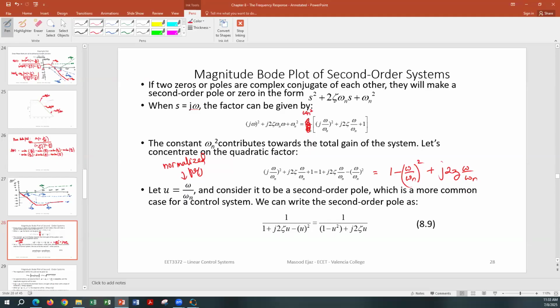So we can write that equation down as 1 minus u squared plus j 2 zeta u, which is right over here. That's for the pole. Generally, we're looking at the pole instead of the zero, since the second order equation is usually in the pole. So we are looking at poles right now instead of zeros: 1 over 1 minus u squared plus j 2 zeta u.